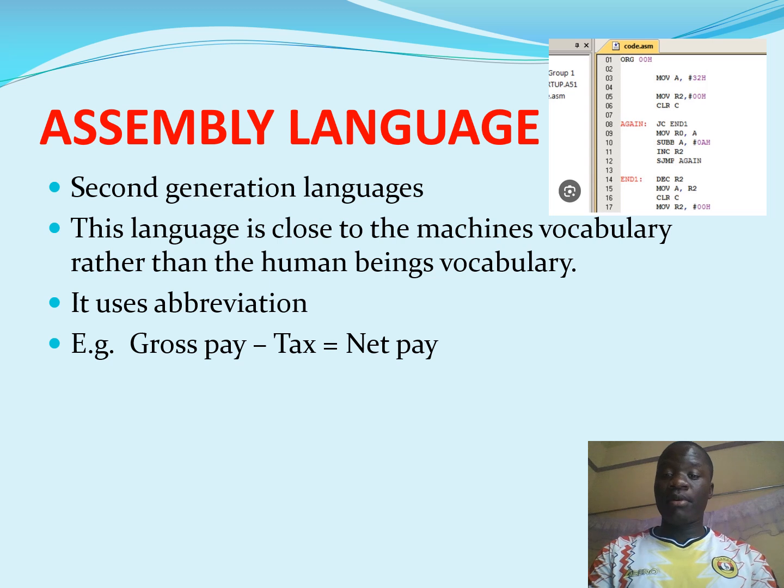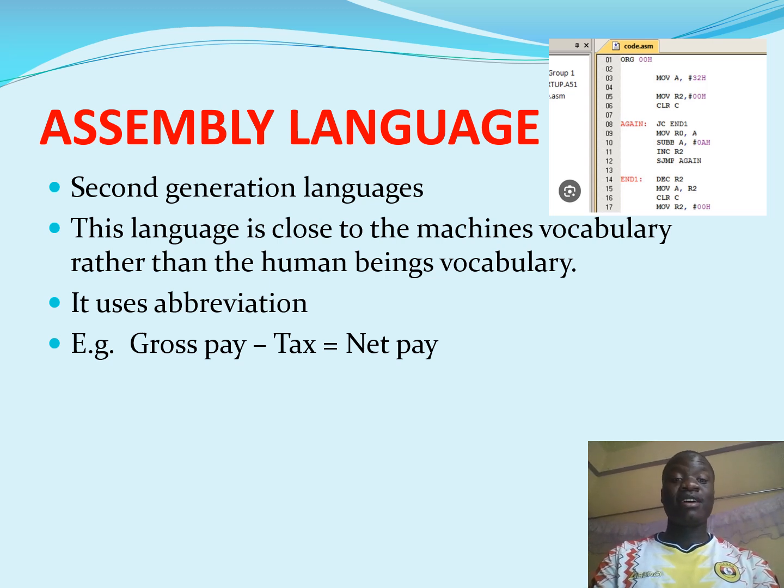If you can see that photo clip on the top right corner of the slide, you can see that there are some abbreviations there that you use when programming, so that you can bring out a program that perhaps you had organized to develop. So assembly language is just a second generation. It uses abbreviations, and the example is there.